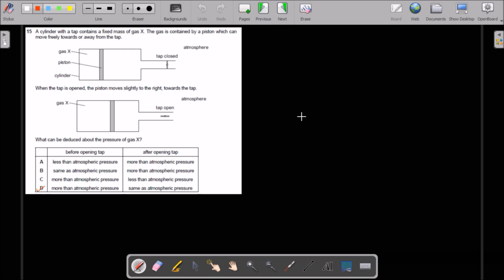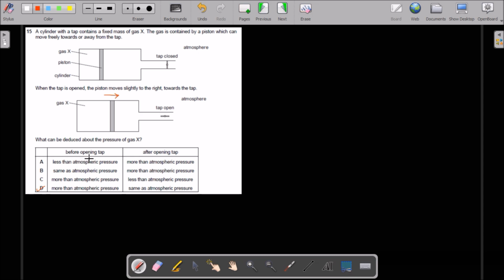When tap is closed, piston is in this position. When tap is open, piston moves to the right. So what does it mean? It means pressure inside is more than pressure outside. That's why we should choose between C and D.